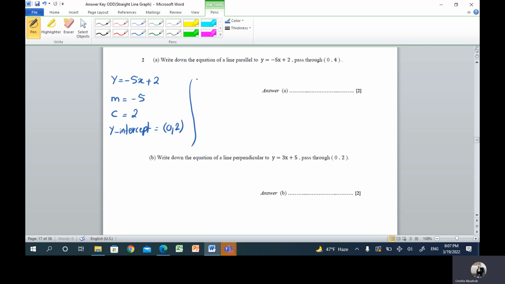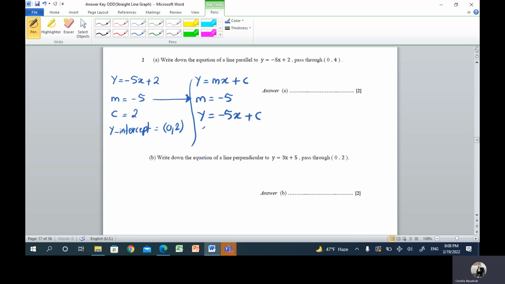The line that I'm trying to find, and it is parallel to this line, I will write it as mx plus c. And parallel lines have the exact same gradient, so the gradient of this line is negative 5. I can write half of the equation now: negative 5x plus c.